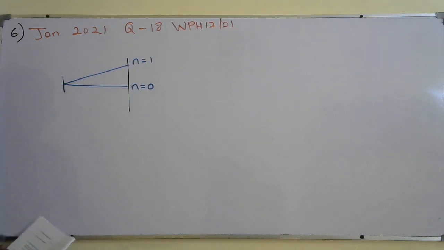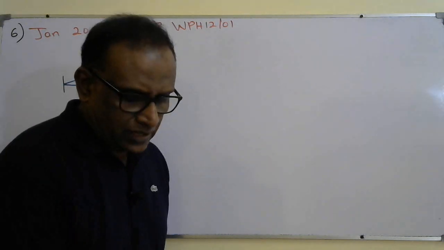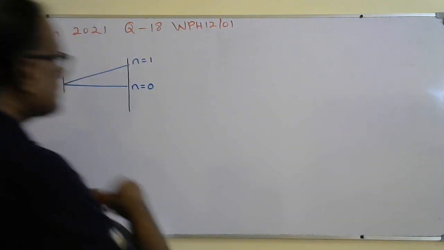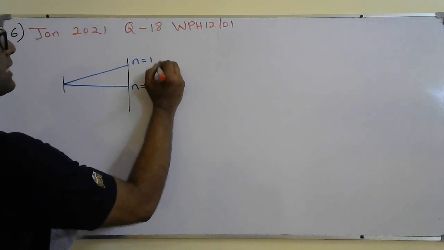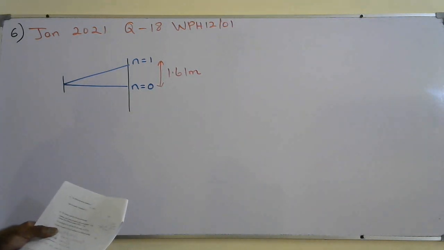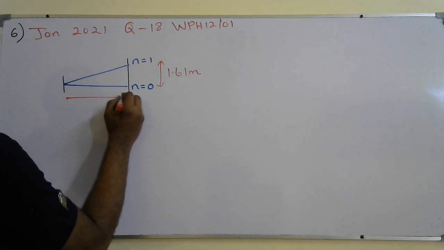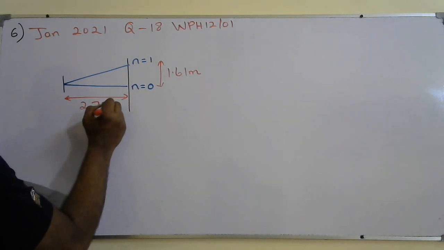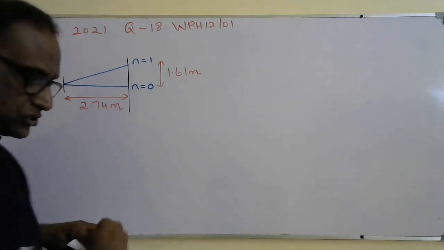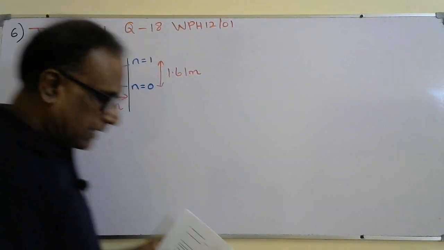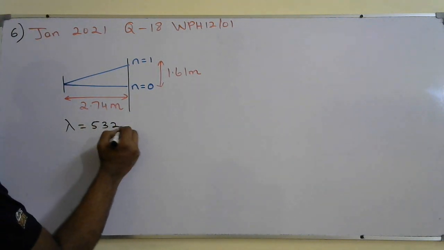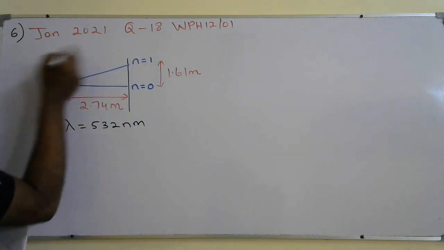The distance between the central maximum, the zeroth order, and the first order is 1.61 meters. The distance from the diffraction grating to the screen is 2.74. The wavelength of the light from the laser pointer is also given: lambda is 532 nanometer.